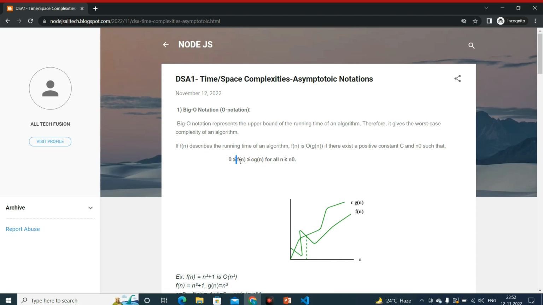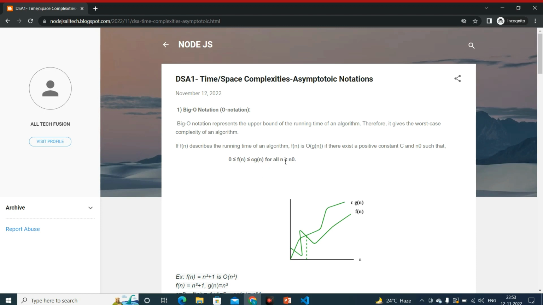Now here f of n is there and c g of n is there. What the definition is telling us is that we have to find the values of c and n0 such that f of n lies between 0 and c g of n.